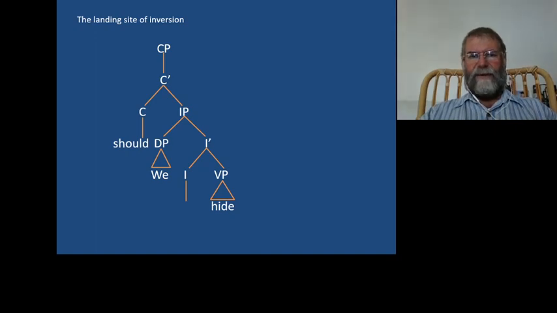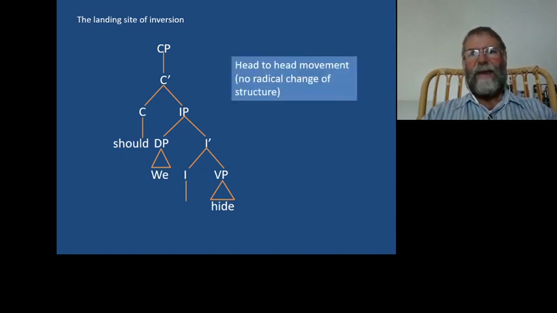Now, there are a number of advantages of this analysis. First of all, note that because what you're doing is moving a word from a head position into another head position, nothing actually changes about the structure that we've got here. All we've done is take one head and put it into another head position.